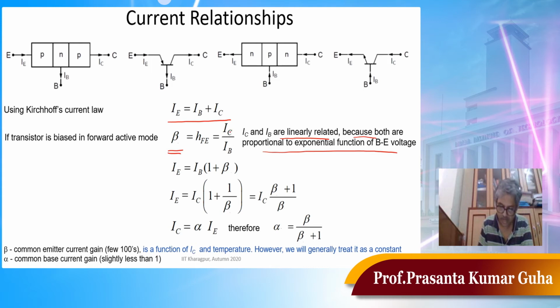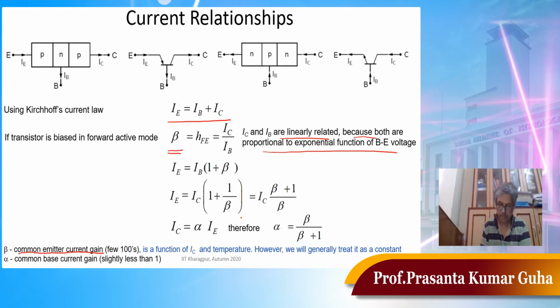So we can write IC over IB as a term called beta. This is known as the common emitter current gain. Usually the value of beta is a few hundreds.